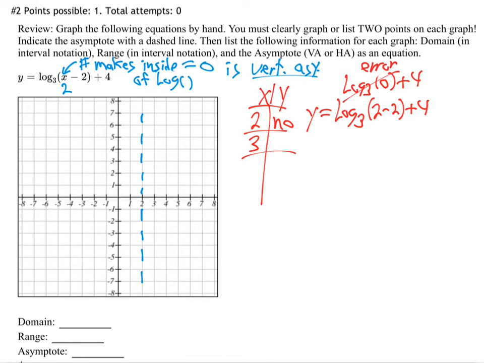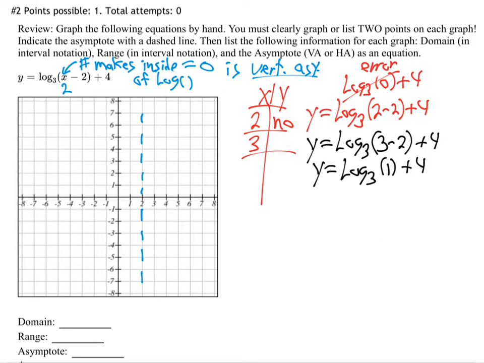So let's plug in 3. So y is log base 3 of 3 minus 2 plus 4. And what's that? That's log base 3 of 1 plus 4. Now, how do we do log base 3 of 1 on our calculator? We don't have a log base 3 button. Well, this is where I'm going to give you a special formula.